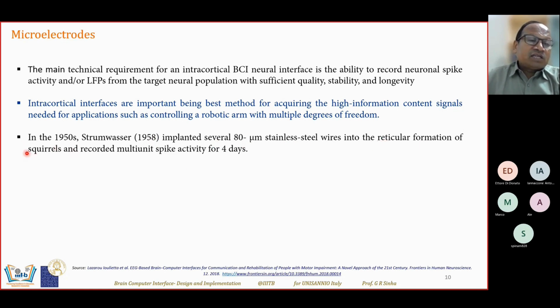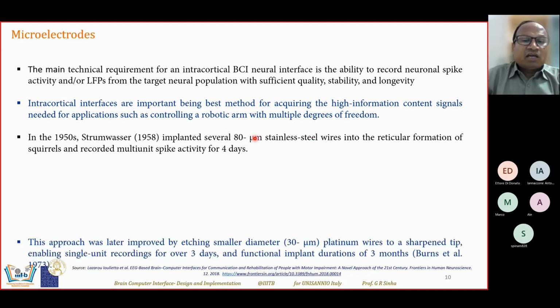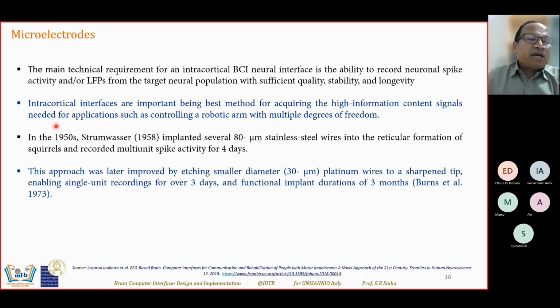The testing was done with squirrels, and the spikes were recorded for 4 days. So long back, this kind of work started. If you remember, we were talking about the historical background of BCI. There also the work started in the 50s, and the tests were done on animals only.